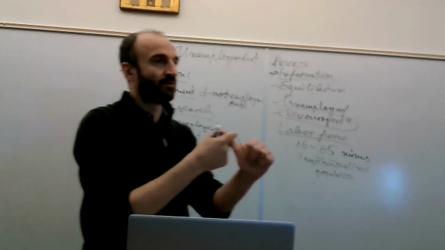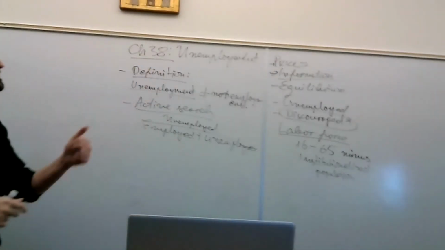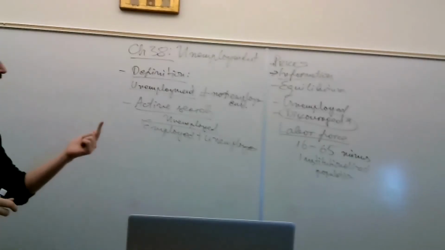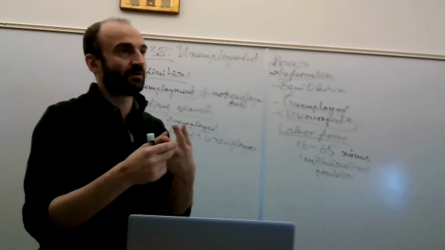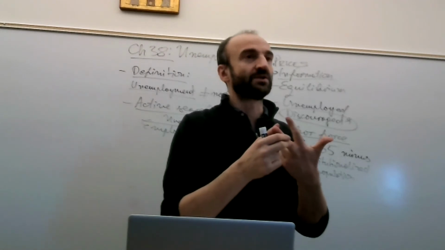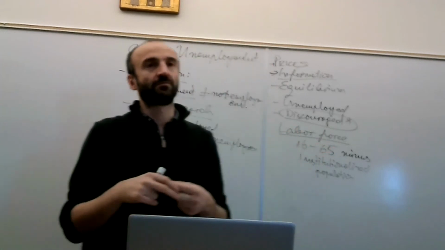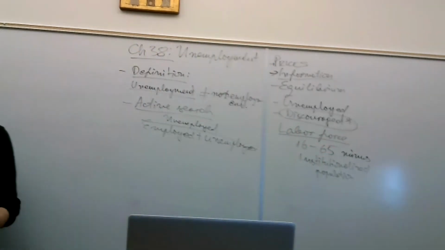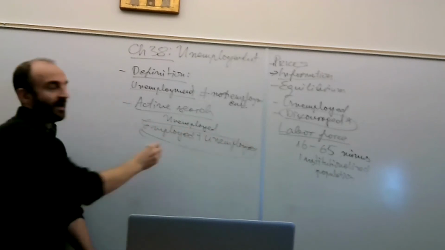Employed, people who have full-time employment or who are classified as employed. Unemployed, plus discouraged, people who do not work and at the same time are not even trying to find. And the unemployment rate is calculated as a percentage of this narrower category.